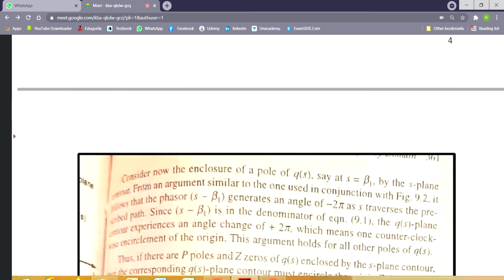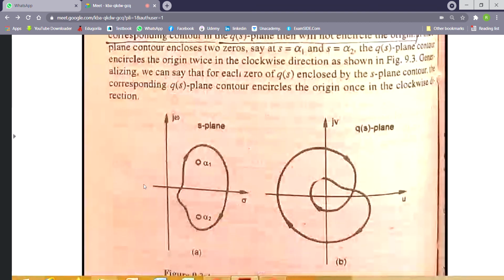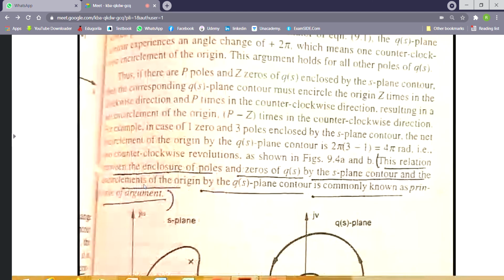Now we can generalize this. If P poles of QS and Z zeros of QS are enclosed by the S-plane contour, then for P poles, the net change in angle of QS will be P into plus 2 pi, and for Z zeros, the net change in angle will be Z into minus 2 pi.